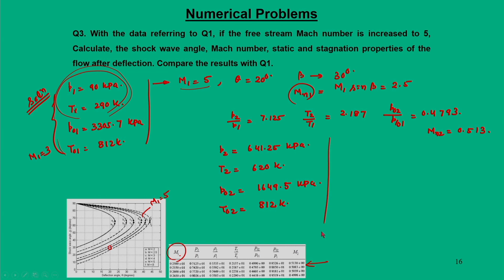From this we can also calculate M2. M2 is Mn2 by sin(beta minus theta). So, M2 will be 2.95. M2 is a little bit higher, but at the cost of a decrease in the shock wave angle. The shock wave angle now reduces from 52 to 30 degree. But in any case, when M1 increases, the shock wave becomes stronger.